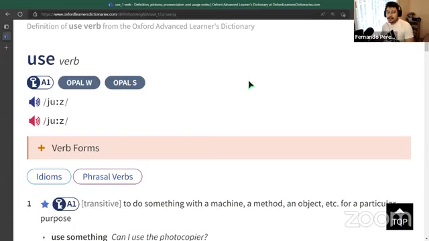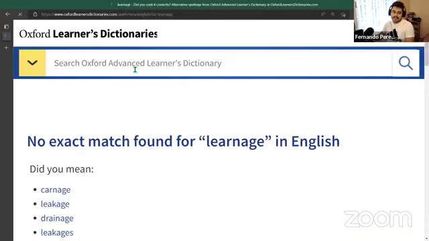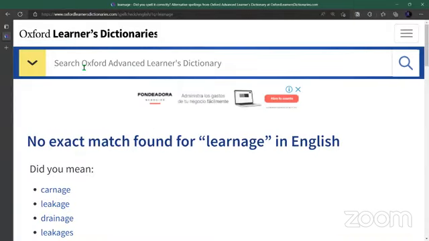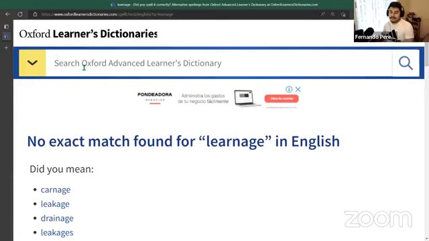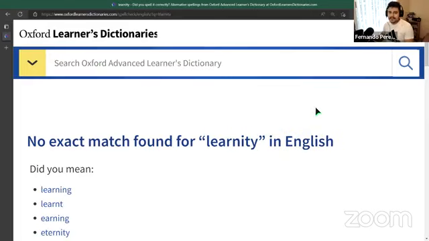In the case of learning, for example, let's say learnage doesn't exist. Or learnity. You see? You're going to start making combinations. You're going to see, this doesn't exist. The only way is learning.